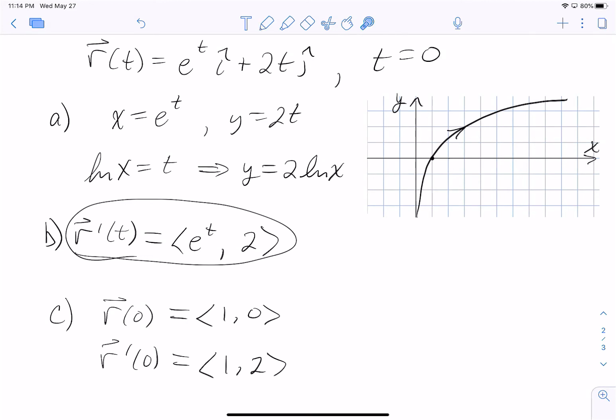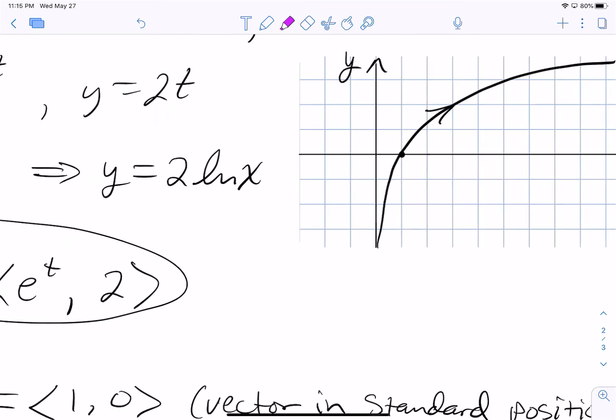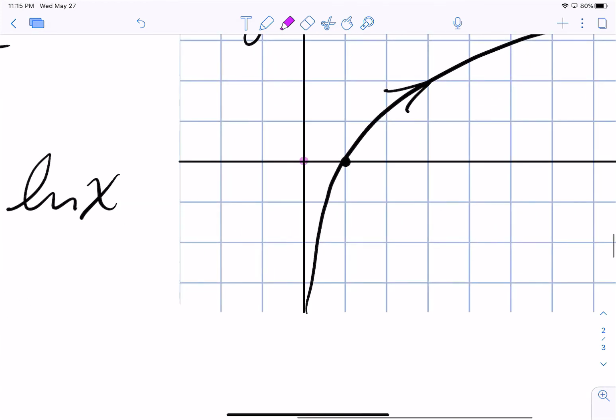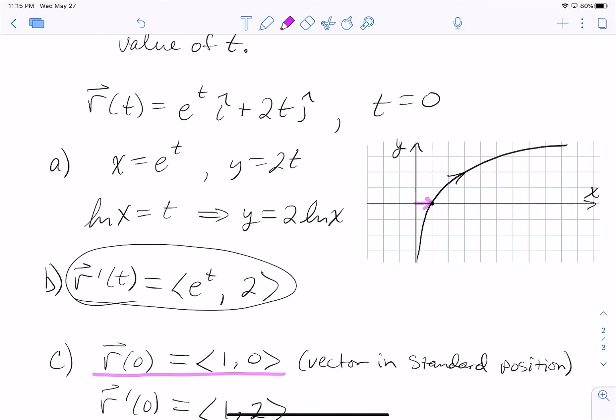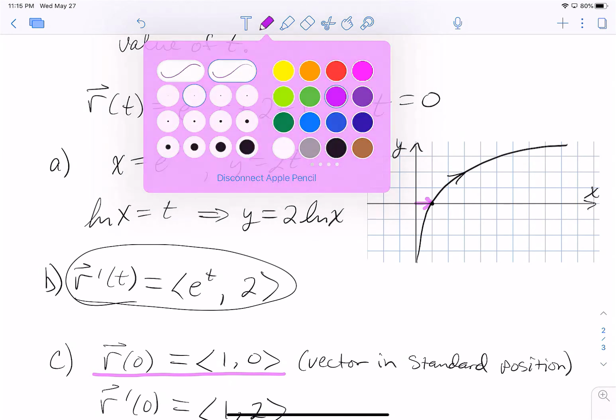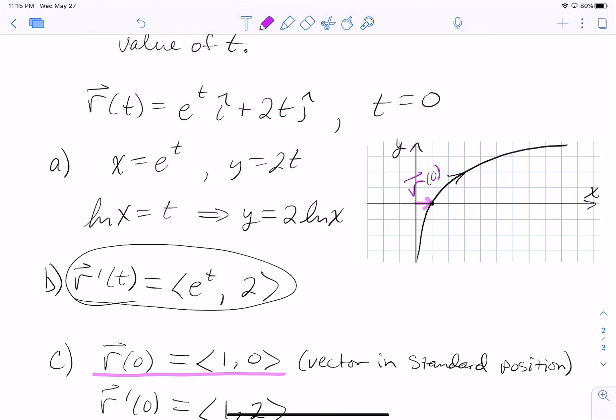Now I need to make an important distinction between these two vectors, r of 0 and r prime of 0. r of 0 is a vector in standard position, the head of which is a point on the curve. And using some color coding here, I'm going to draw that vector. It's got its tail at the origin, and its head is a point on the curve there. So that purple vector there is r of 0.